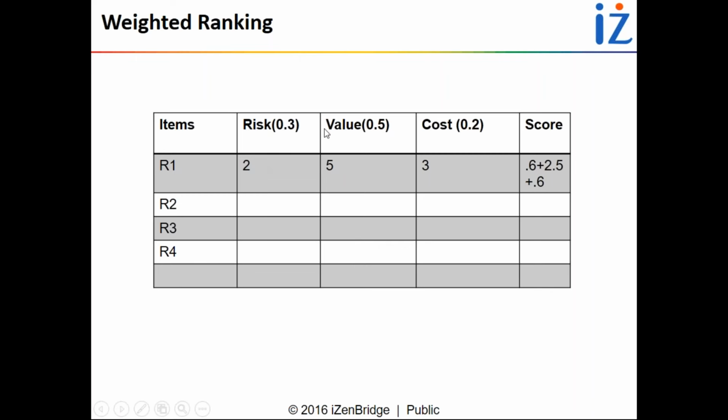For R1 and value you got 5 votes, and for cost and R1 you got 3 votes. Now you multiply 0.3 by 2, it's 0.6, 0.5 multiplied by 5 is 2.5, and 0.2 multiplied by 3 is 0.6. Now you add these numbers and you get the final score. And this is the ranking. Whichever requirement gets the high score is the high priority requirement.